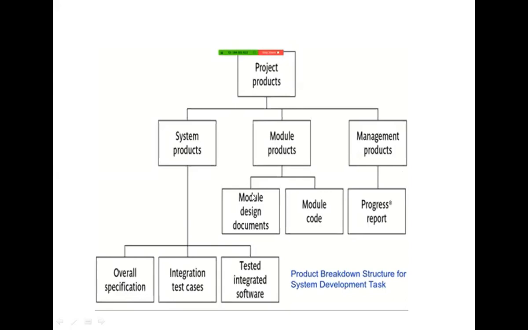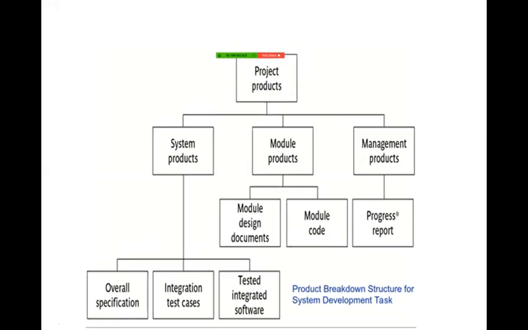In system products, we have to split the system products into three types. This flow chart we call the product breakdown structure for system development tasks. We call it PBS.